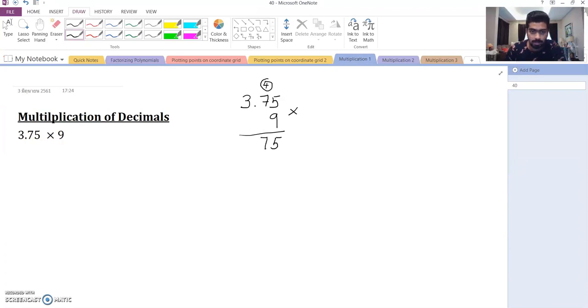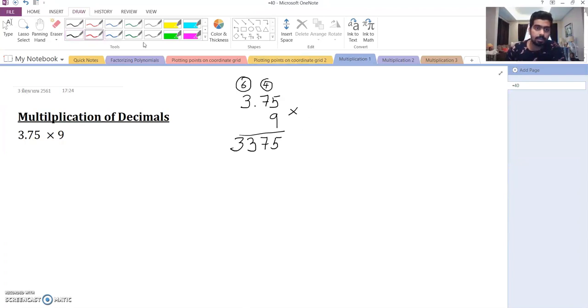We put 7 down and we carry over 6. Next one, 9 multiplied by 3 is 27. 27 plus 6 would give us 33. So till this step, everything is exactly the same as how we multiply when we don't have decimals.